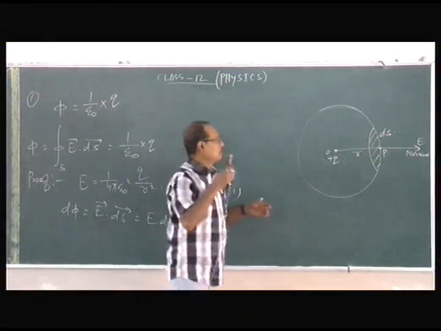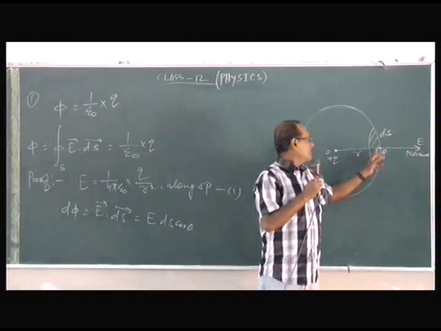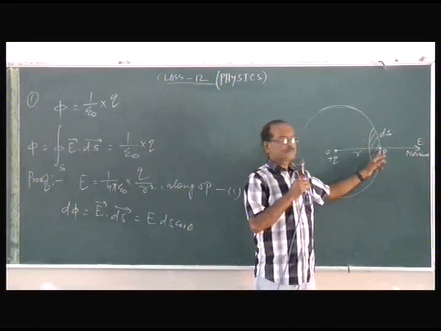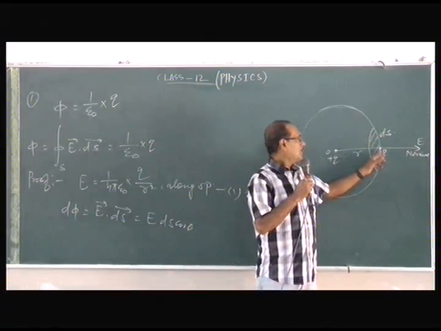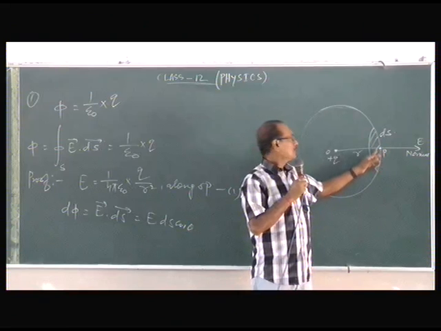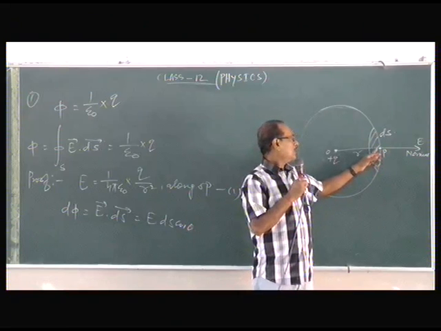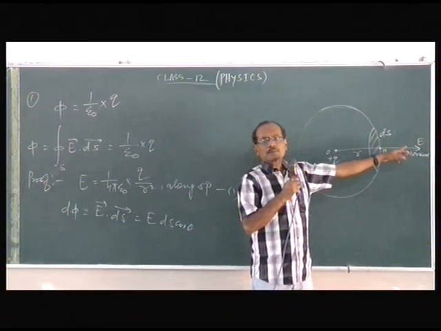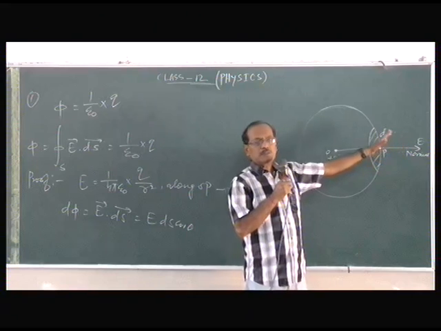Now, the normal to the surface ds at P is making an angle theta equal to 0 degree. Both the electric field and the normal to the surface are in the same direction.